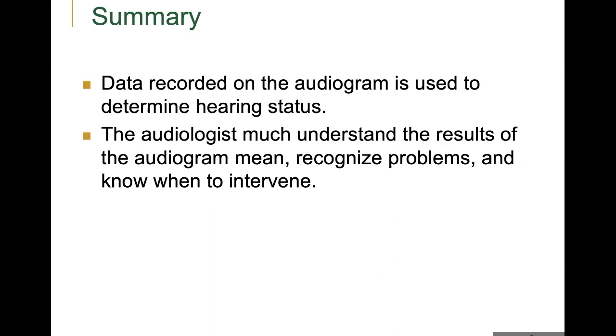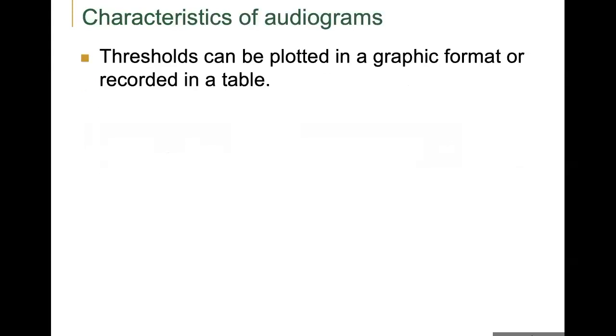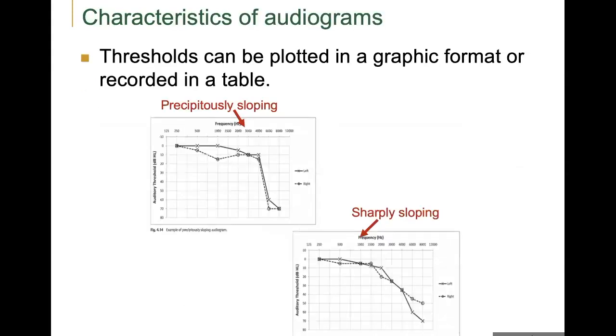We'll certainly see some, if we're talking about a child that's being monitored for ototoxicity, we're going to see some potentially sharply sloping patterns. Those patterns will typically take place in the higher frequencies first.